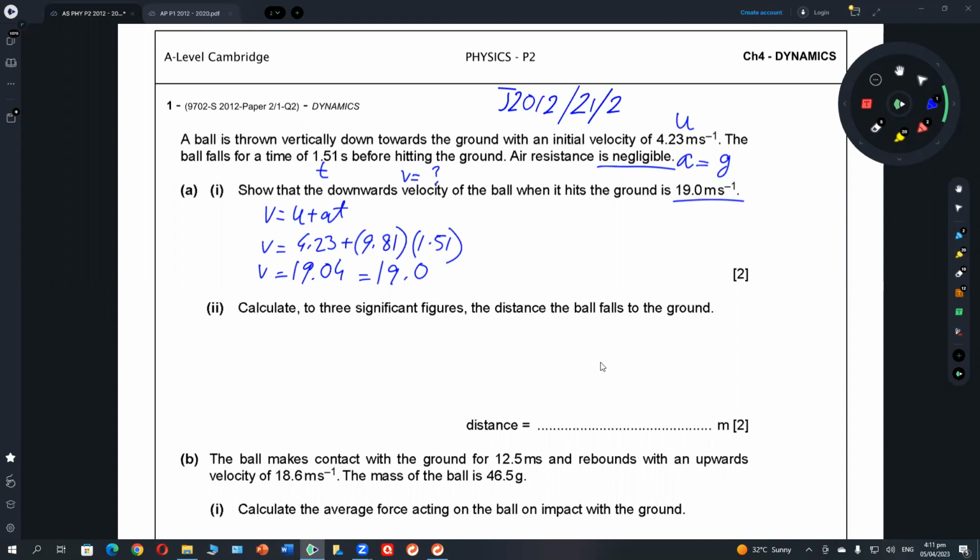Calculate to 3 sig figs the distance the ball falls to the ground. So we have a lot of data and we need to find the height. We can use the v squared minus u squared equation too. Yes, right. We can use this, or we can also use this. Because we have a lot of data, we can use any one of them. We need to find s.